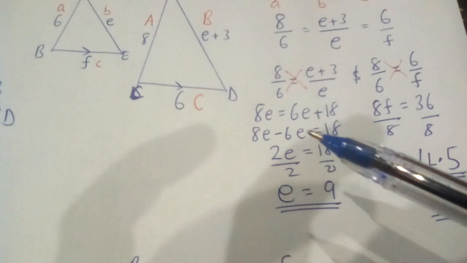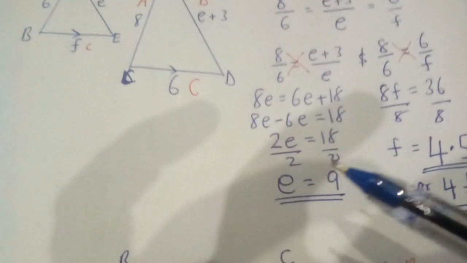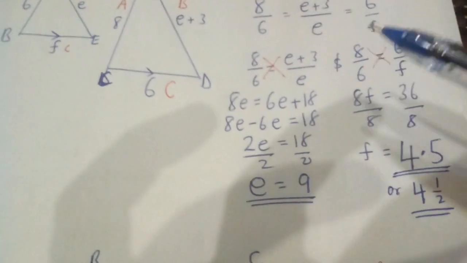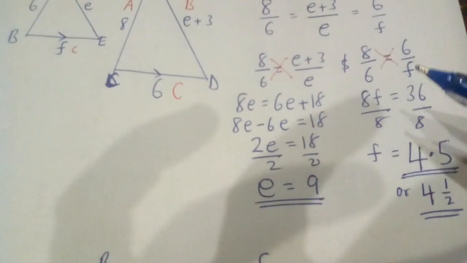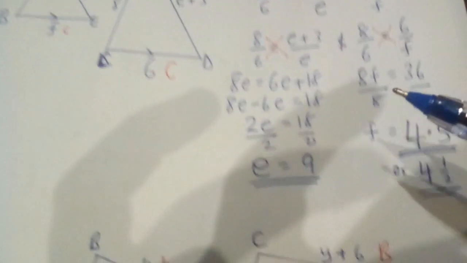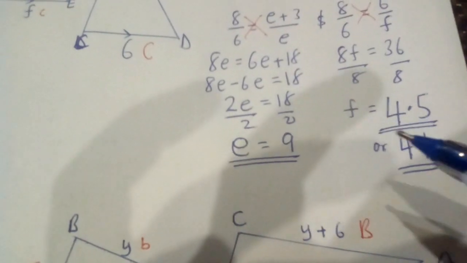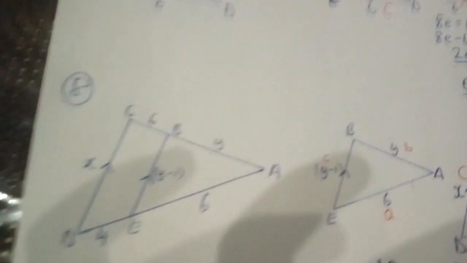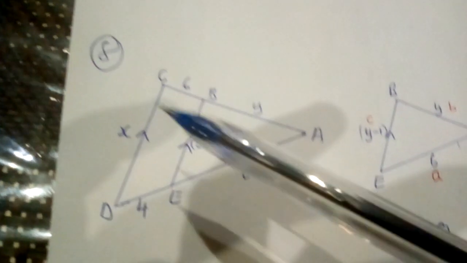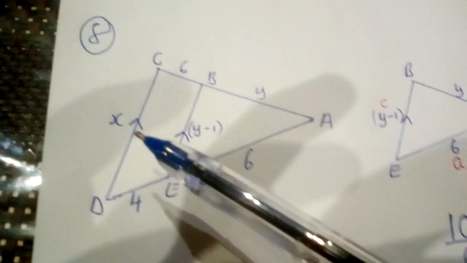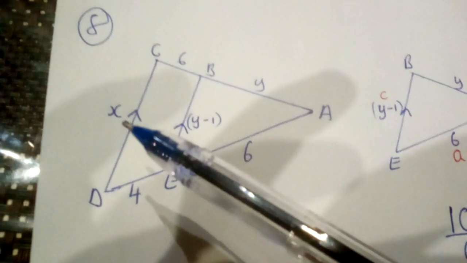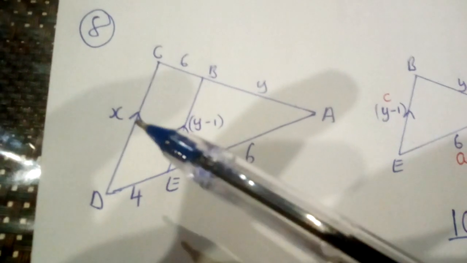After cross multiplying, we work out and we get the value for E as 9. And also this side, we work out for F after cross multiplying and we get the value as 4.5.